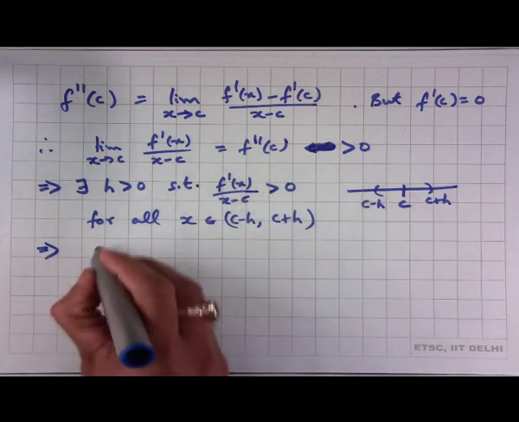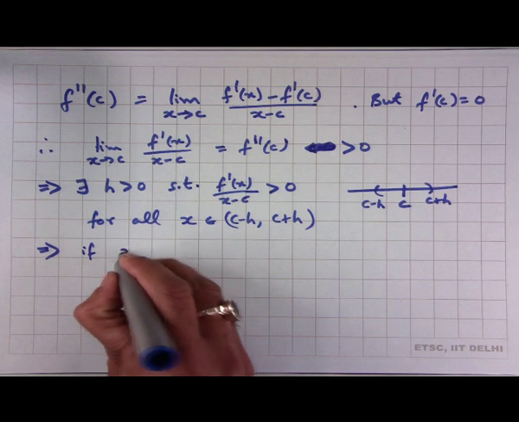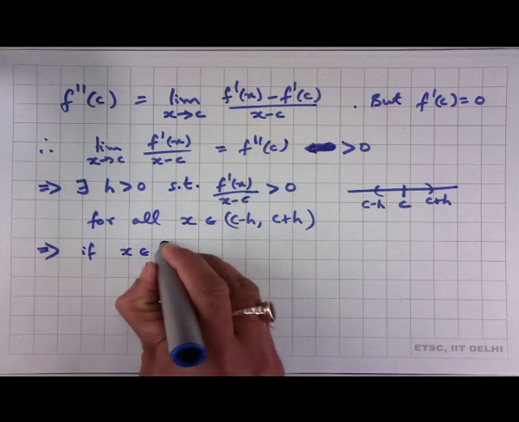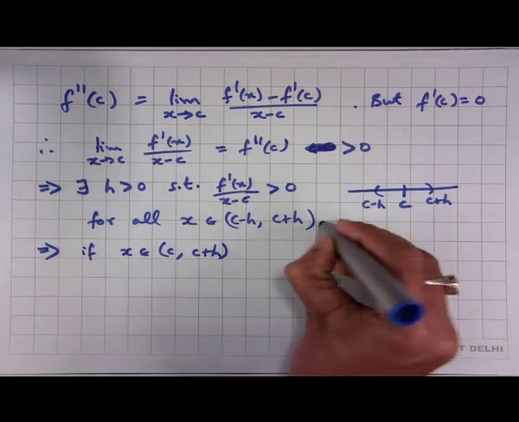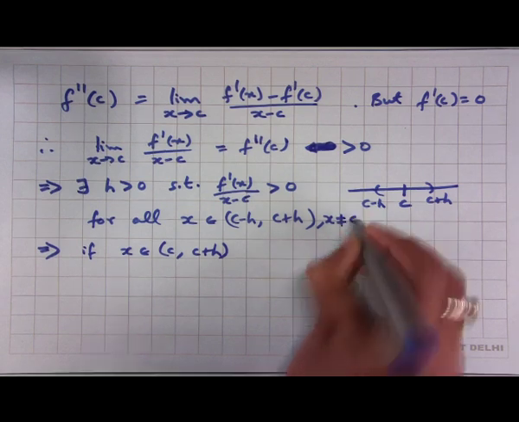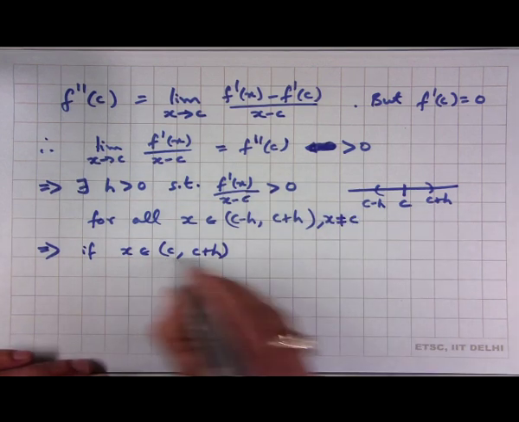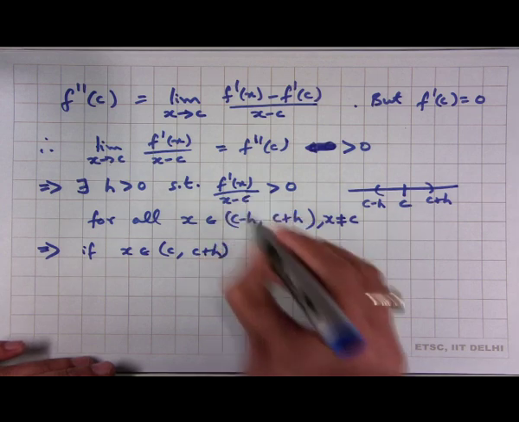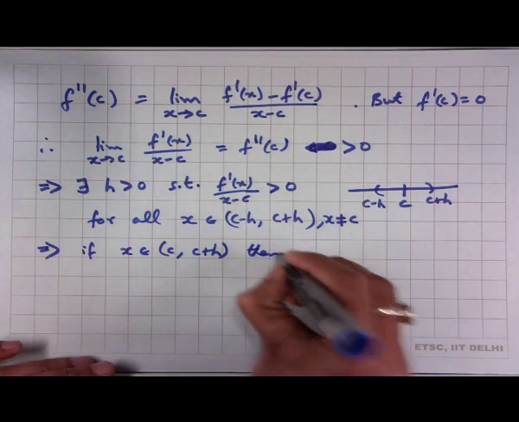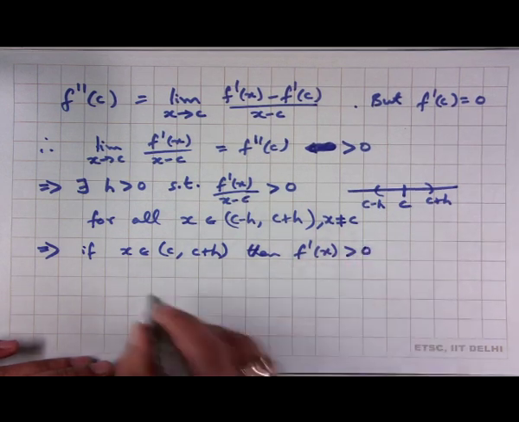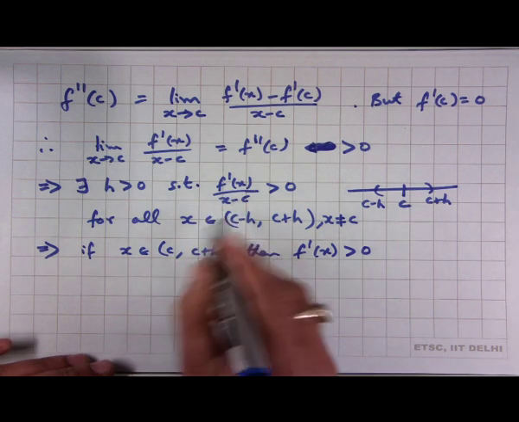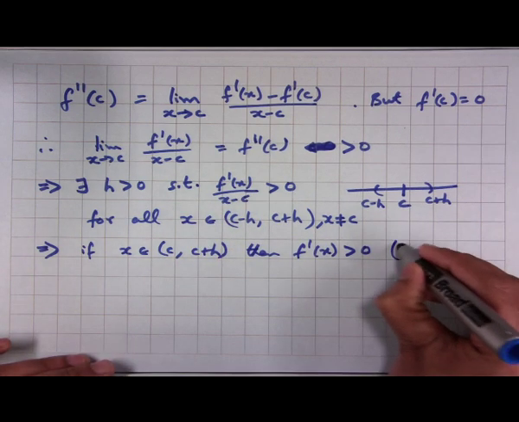This implies that if x belongs to (c, c plus h), then f prime x must be positive. This is because the denominator is positive in this case.